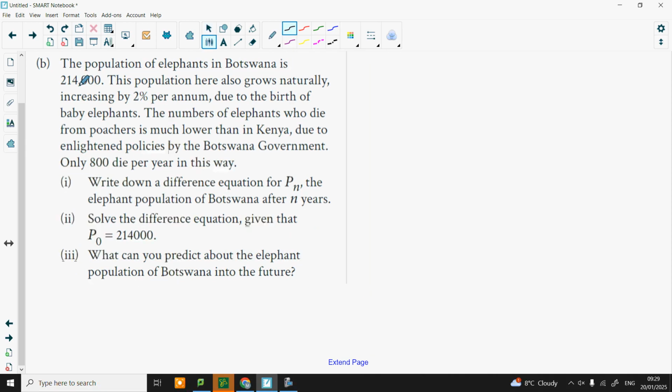Okay, the population of elephants in Botswana is 214,000, and that'll be P of n. Increases by 2%, so 1.02, the population of Botswana, which is 214,000. Okay. Take away the 800.